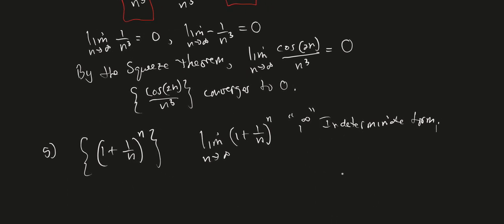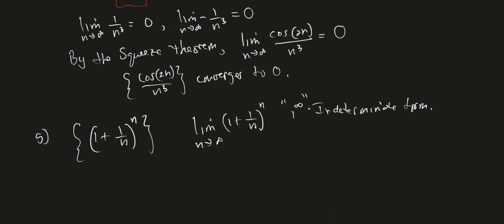Now, in order to use L'Hopital's, it has to be 0 over 0 or infinity over infinity. So I have to convert this using quite a bit of algebra. Let's convert this to base e. So we're going to use a change of base formula for this exponential function, or what looks like an exponential function, and we're going to do some algebra off to the side here.